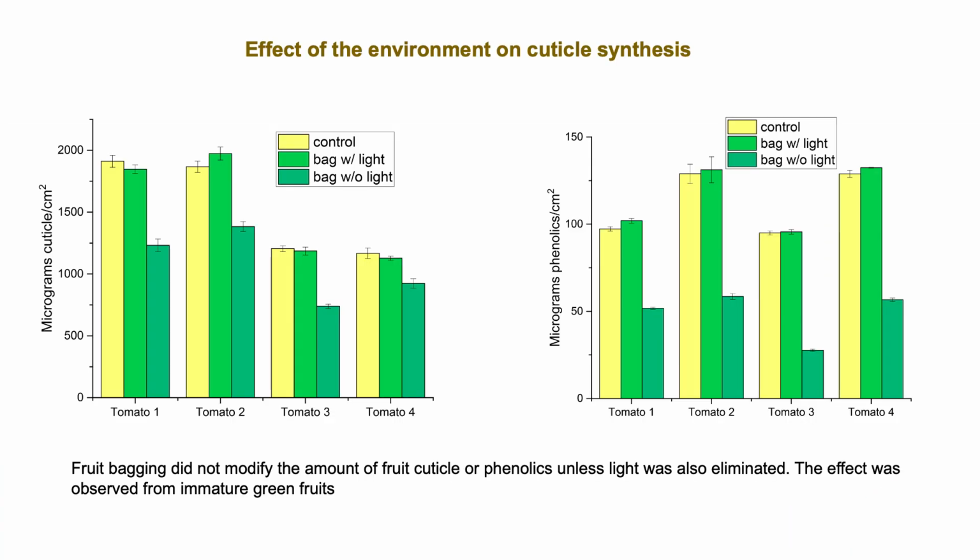So what's happening here? We are seeing in pears that if you have high relative humidity conditions surrounding the fruit only, you are affecting the cuticle. But here in tomato, apparently nothing happens. Well, there is a very important thing that we need to consider when we compare a pear and a tomato.